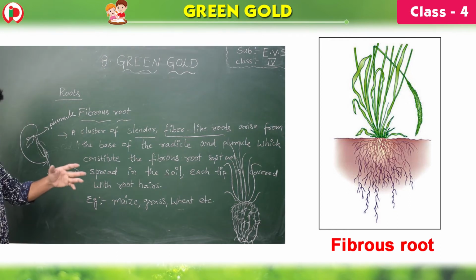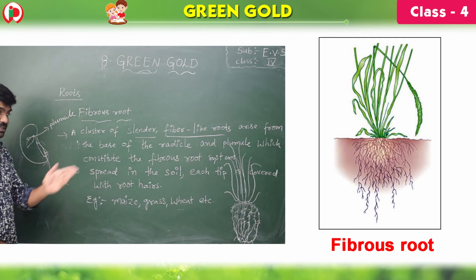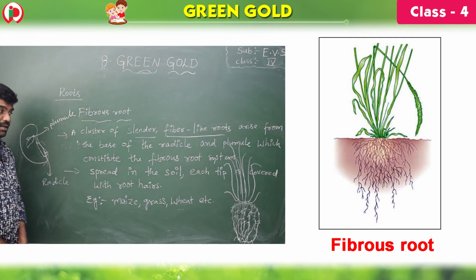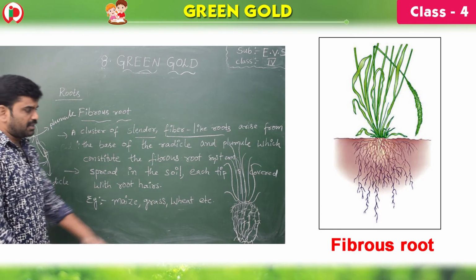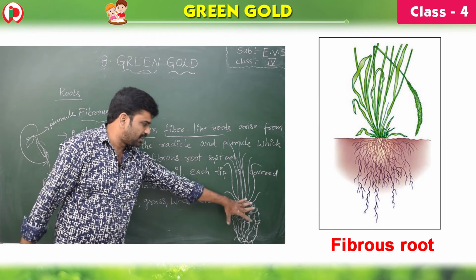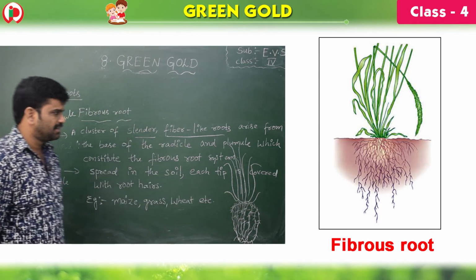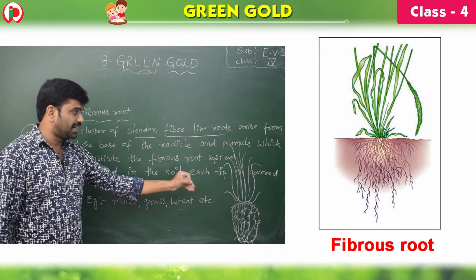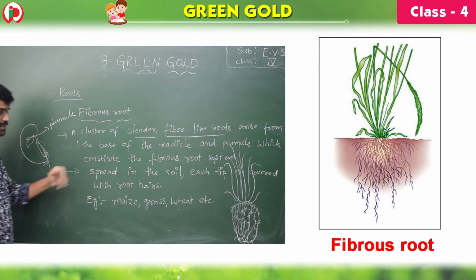Children, one difference between the fibrous root system and the tap root system is that there is no main root here. The roots are spread like a cluster of slender, fiber-like roots. That is the main difference.